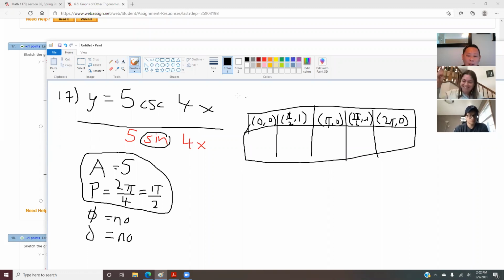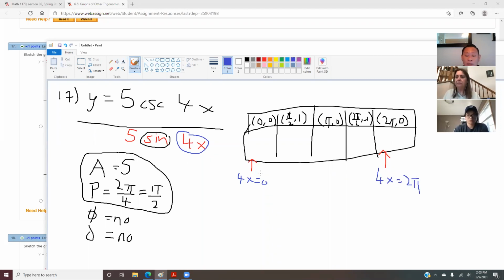No problem. Then you begin to figure out your beginning and ending point, where you use bx minus c equals 0, and bx minus c in this case is just 4x. So you make 4x equal to 0, and then you make 4x equal to 2 pi. The reason we use 0 and 2 pi here is because that is one cycle.